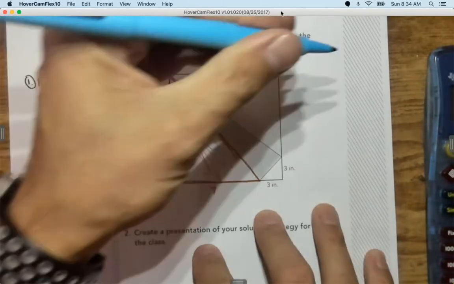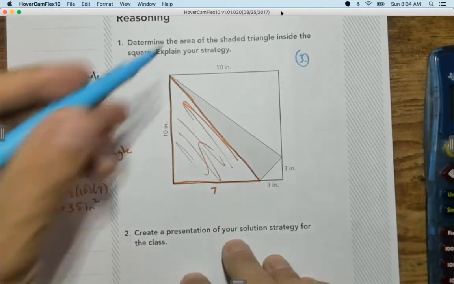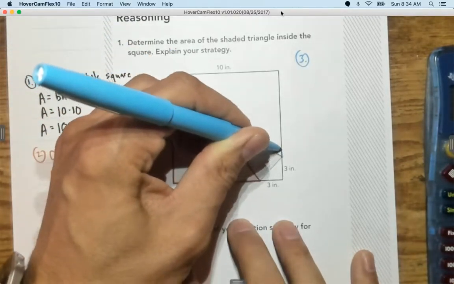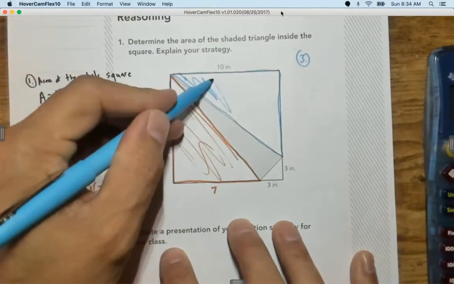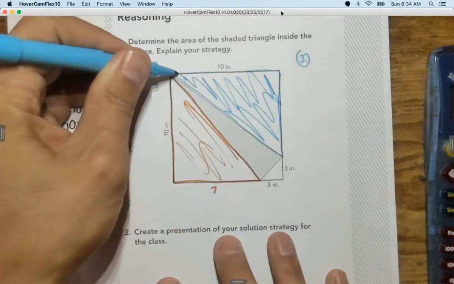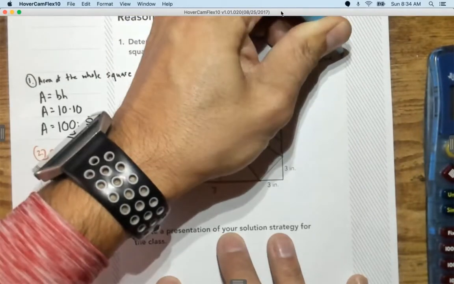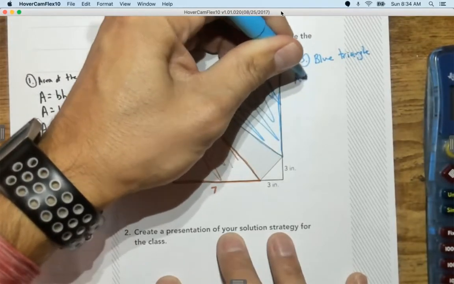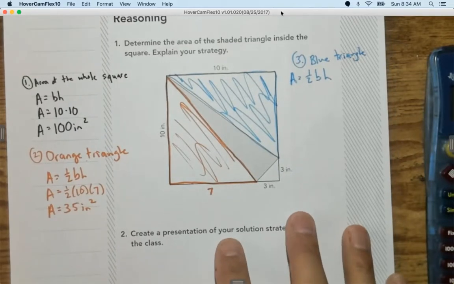Next, I want to do the blue triangle I'm making here, and it looks to be just about congruent to the last orange triangle we did. And so it has one side length of 10, and so its area is going to be 1/2 of base times height, because it is still a triangle.